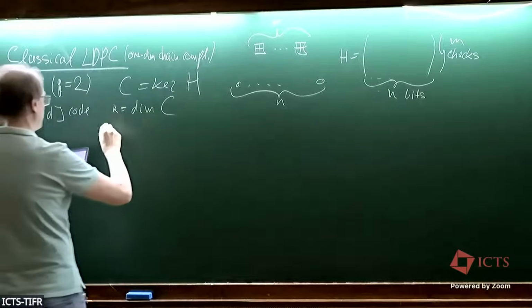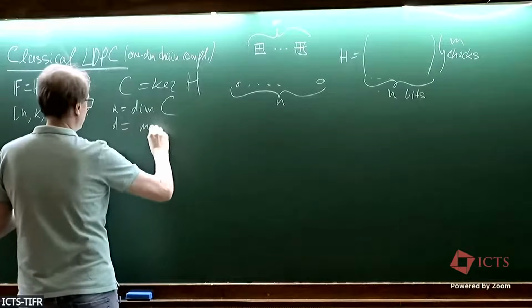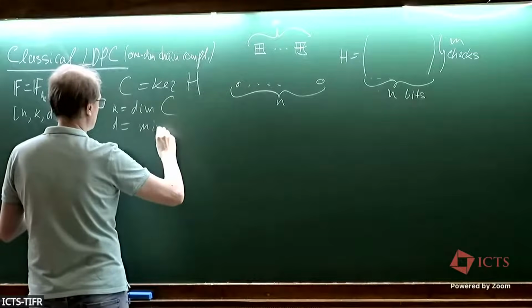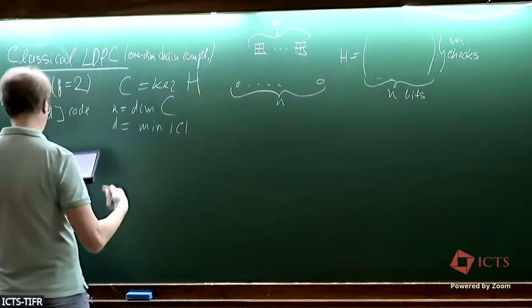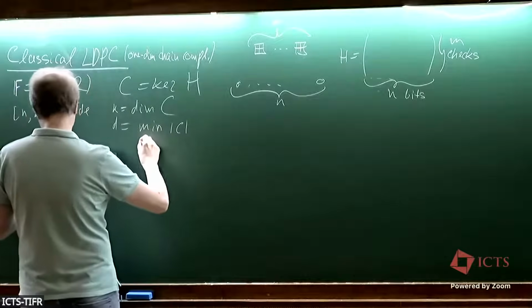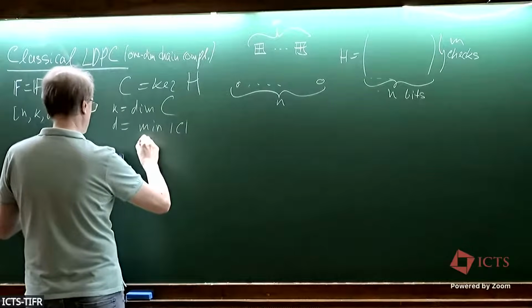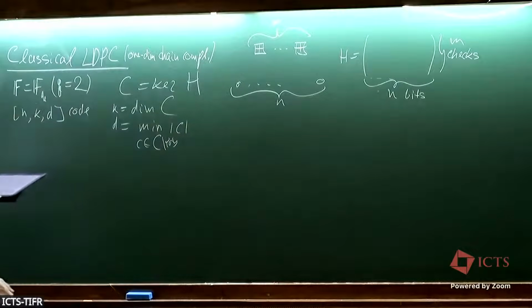We have the minimum distance d, which, as you also know for linear codes, you can define just as the minimum weight of a non-zero codeword. And n is the number of bits.